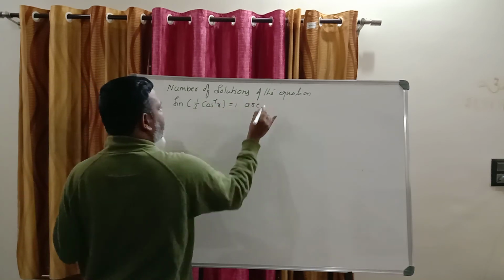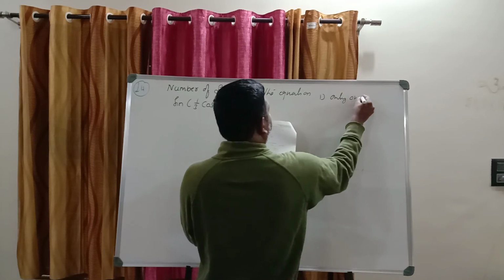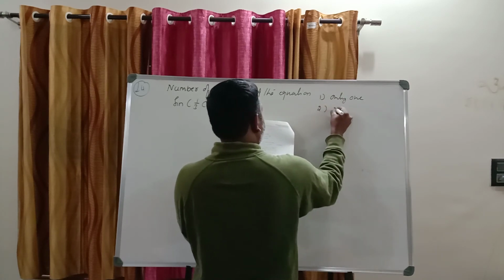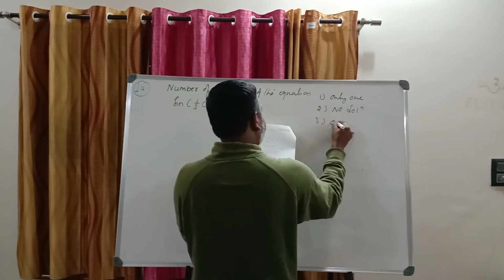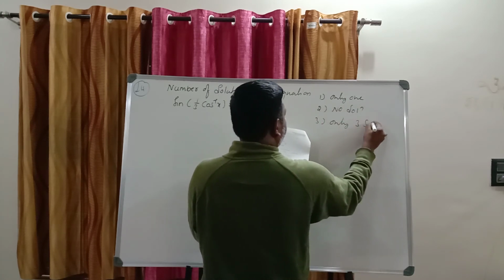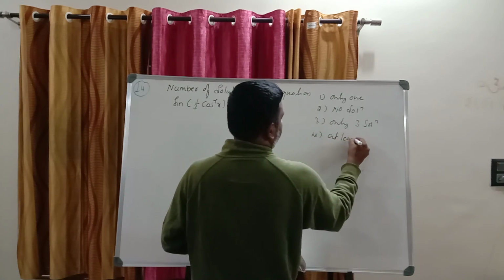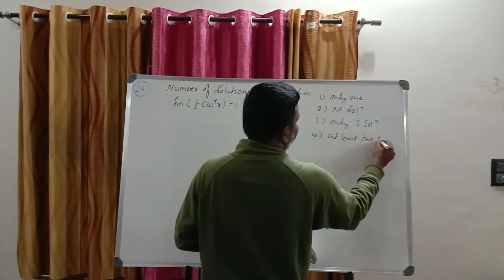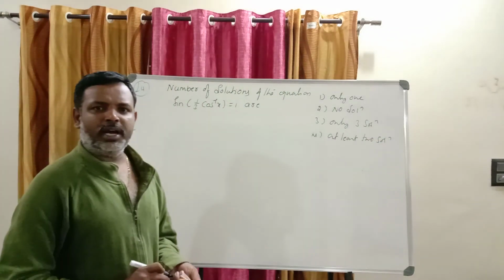The first option is only one, that means a unique solution. Second is no solution. Third option is only three solutions. Fourth one is at least two solutions. Here at least means 2 and more than 2.